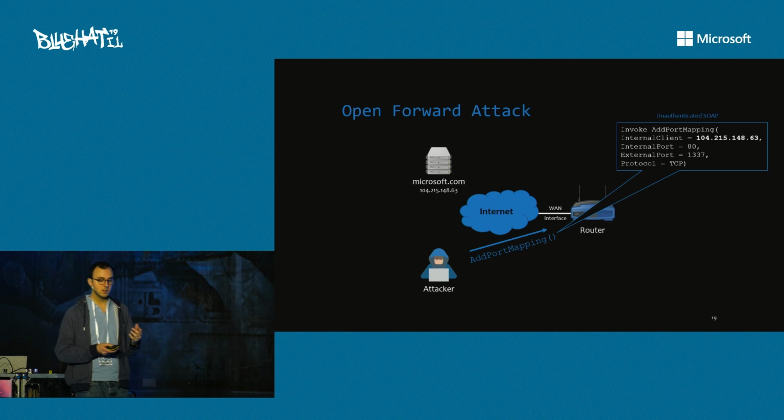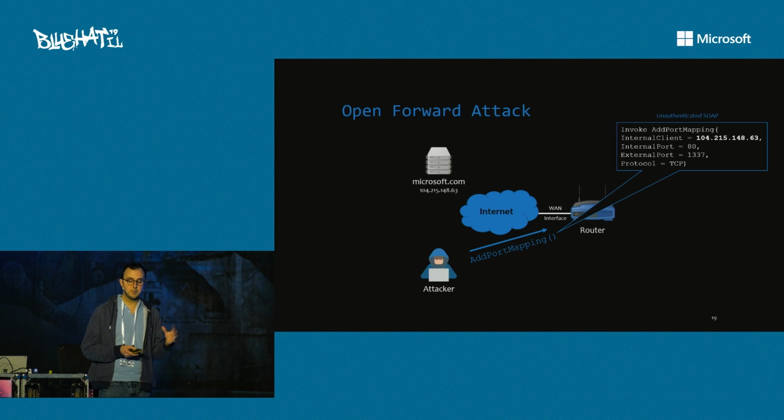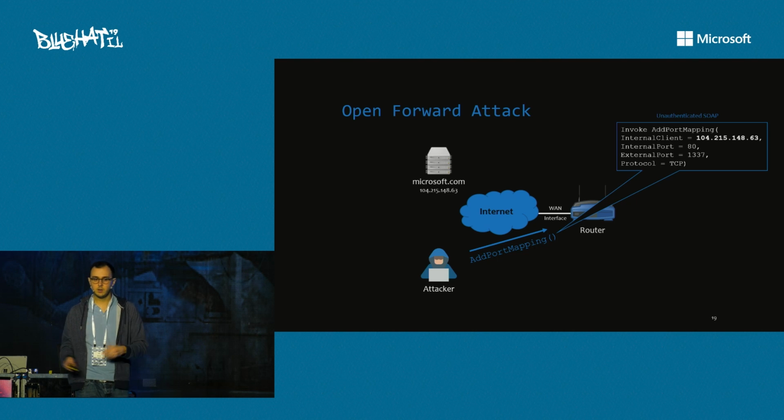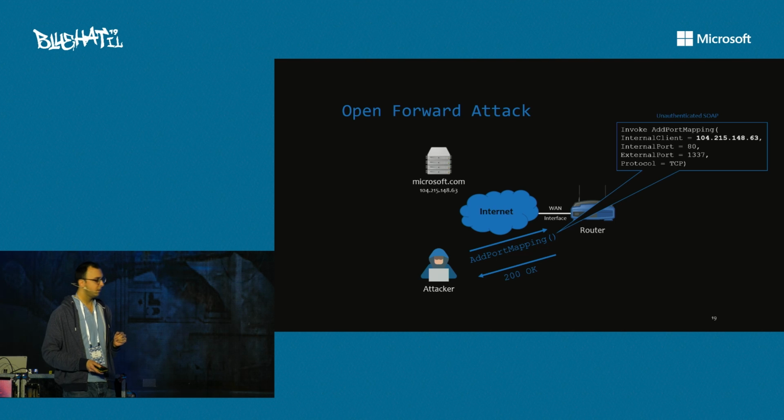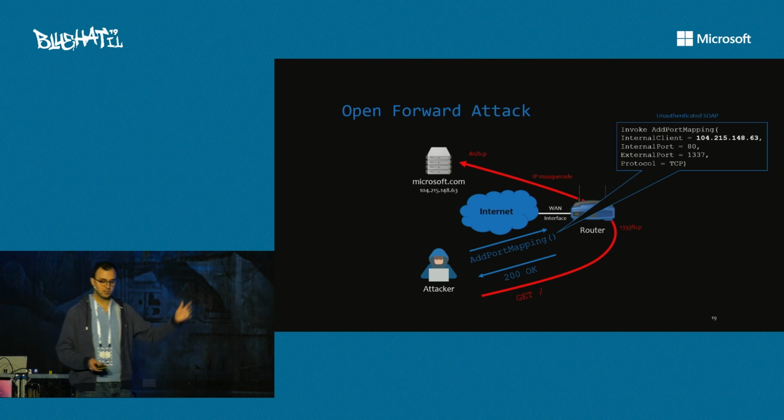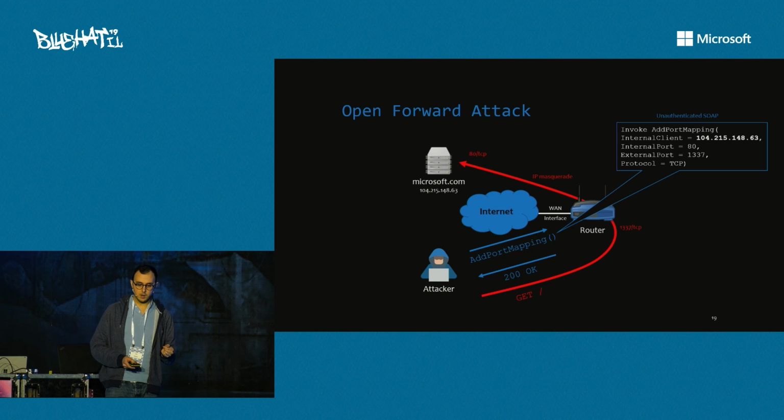Because behind the scenes, in most implementations, the UPnP daemon will simply spawn iptables with your input, with no sanity checks. That's also why you get tons of remote code execution in UPnP daemons, because they just spawn system iptables with your data. And you get that 200 OK, and this is it. You can use the router as a proxy and connect to your target.